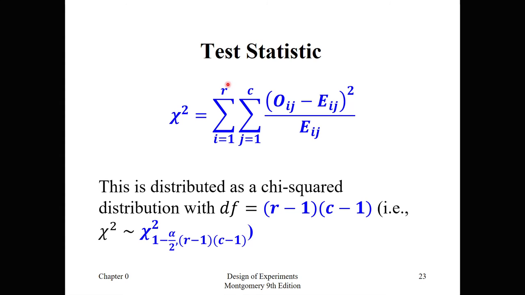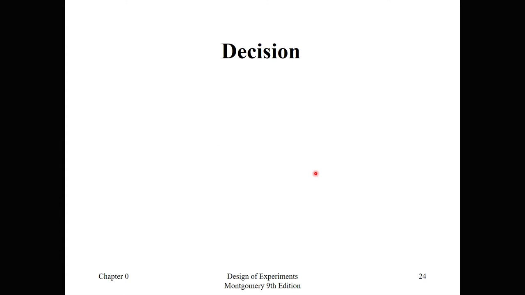Now I should mention what's R and what's C. R is the number of categories in the row, and C is the number of categories in the column. So in the previous example, how many political parties do you have? Well, that's the number of columns. How many answer options to the question, did you vote in the last election, do you have? Well, that would be the number of rows.